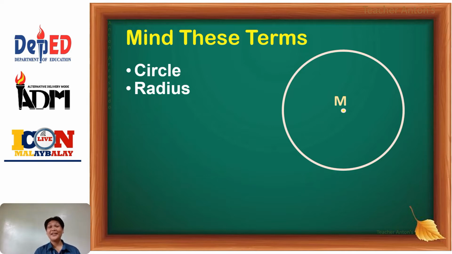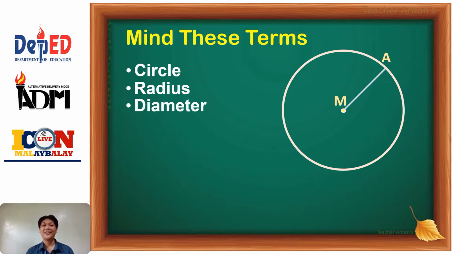The radius is a line segment connecting the center and any point on a circle. Say we have from the center M a point on the circle which is A. Now, MA is an example of a radius.